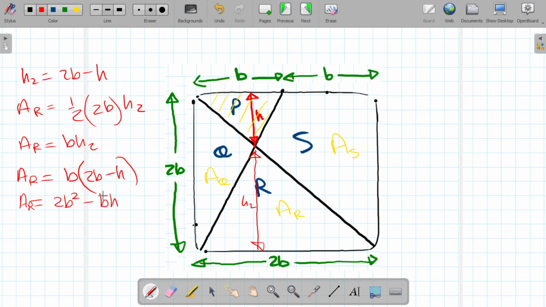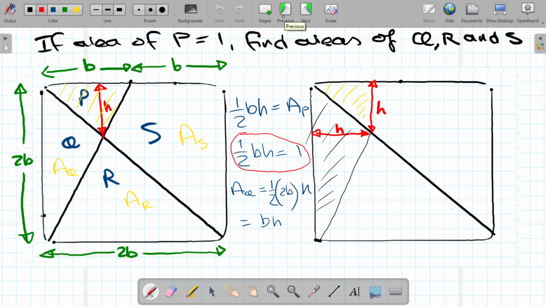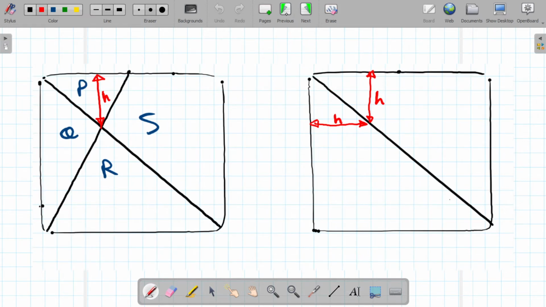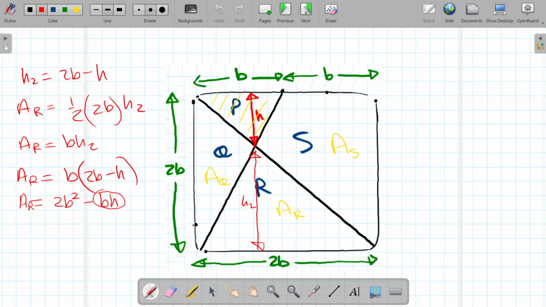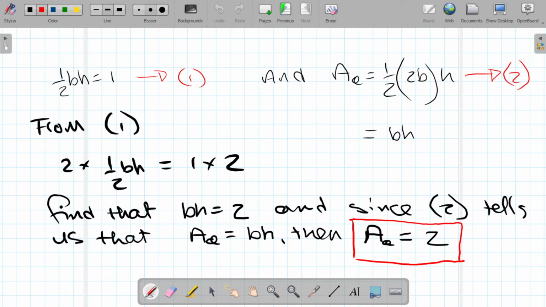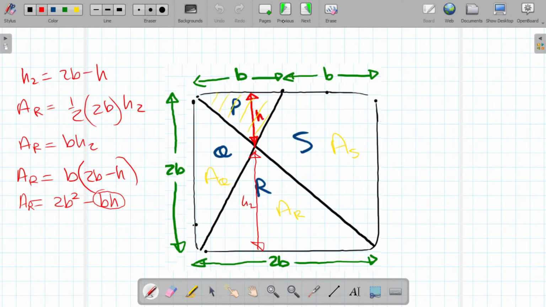But we know that BH is equal to 2. Let's just go back to where we had that. BH, I'll just see if I can find the page. Where are we? Yeah, so the area of Q, which is BH, is equal to 2.